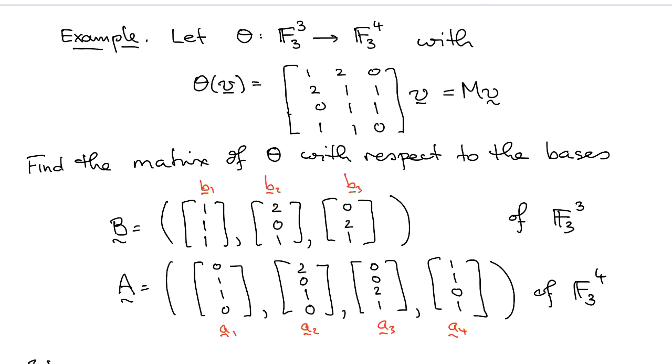So to find examples, it's really, really easy. You just need to practice. You just need to remember what the process is. So this first example is one where our linear transformation is going to be given already by a matrix, but for reasons that are hidden in the example, we may want to work with some different basis of the domain and codomain.